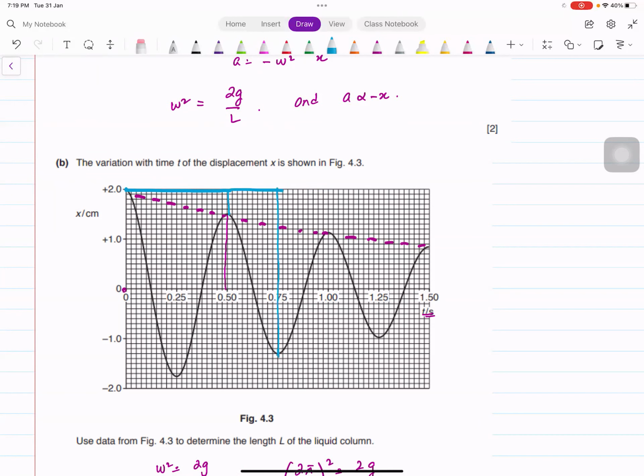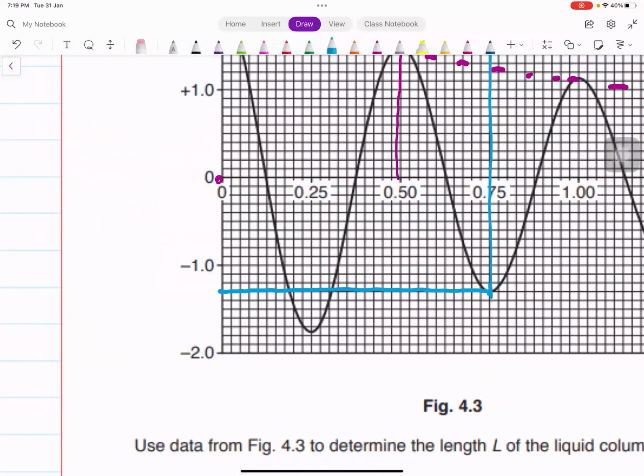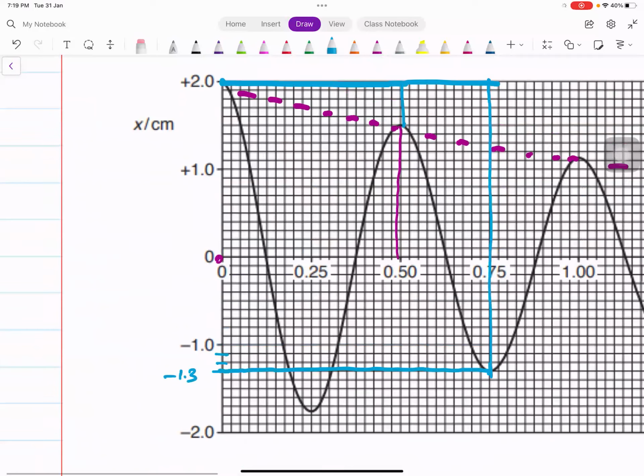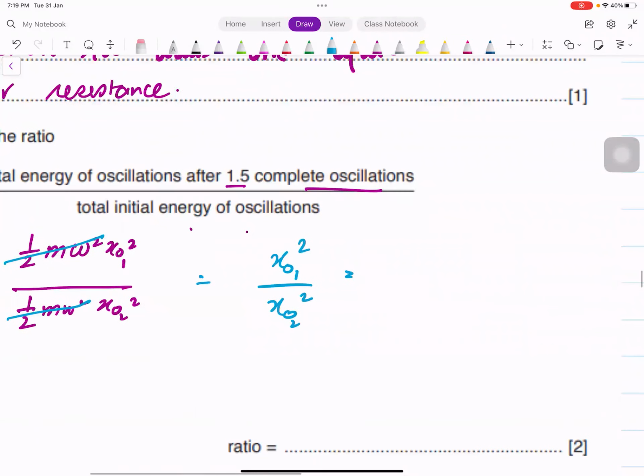So the displacement at this point is 1.1, 1.2, 1.3, minus 1.3, right? You guys agree? And the initial displacement was 2. So we're going to use those values here. 1.3 whole square over 2.0 whole square. What did you get?